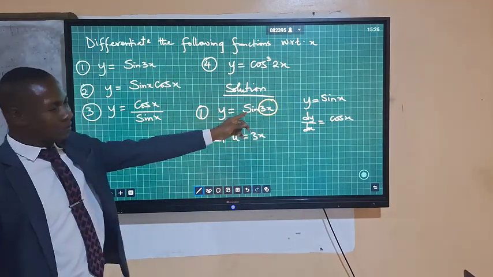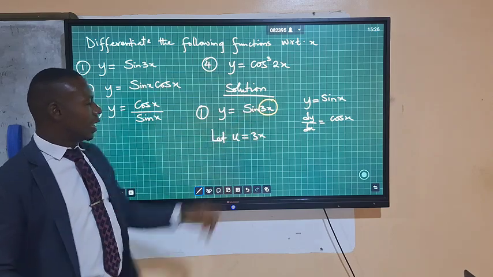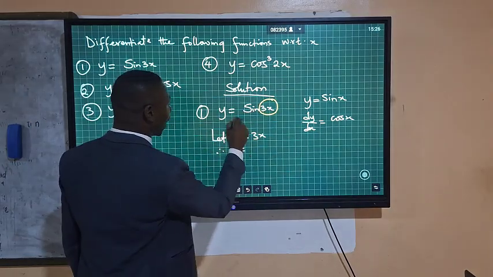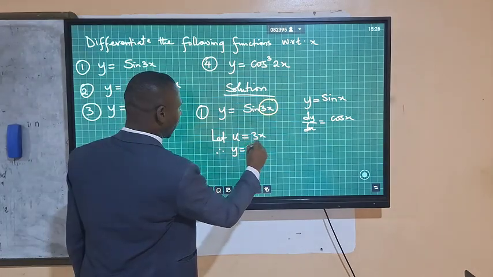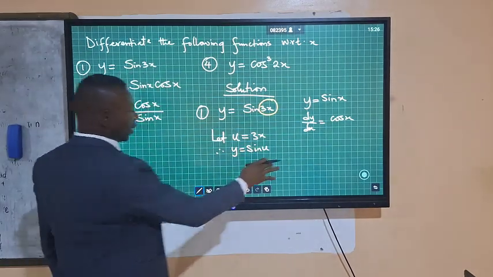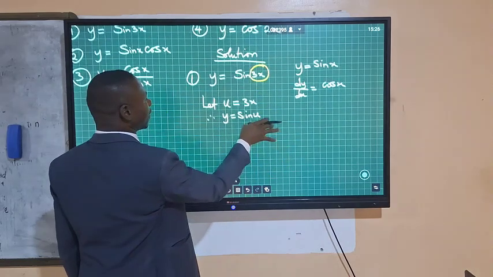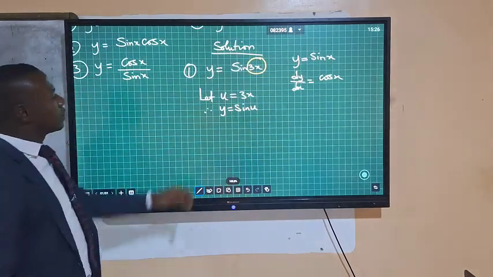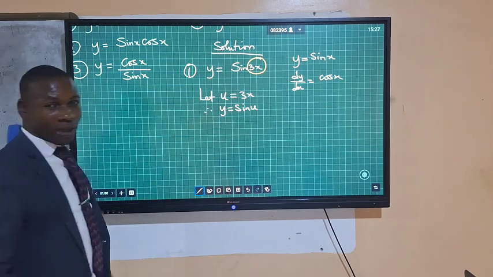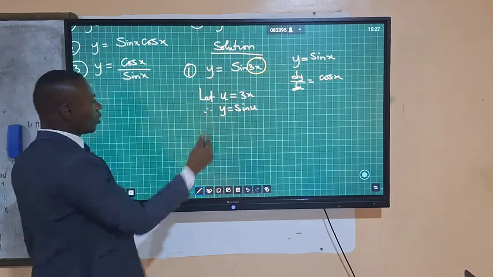If we assign u to be 3x, therefore our y will now become sine u. Then let's differentiate each function with respect to the variable that it's dependent on.